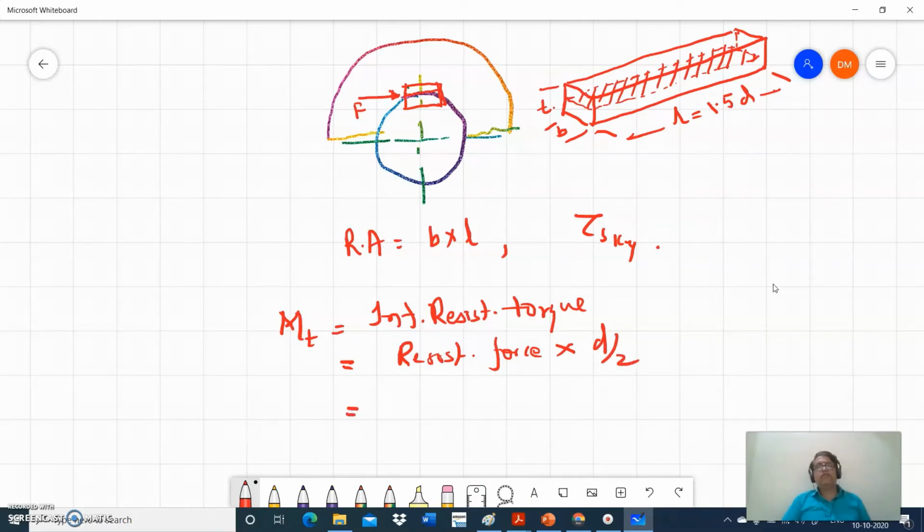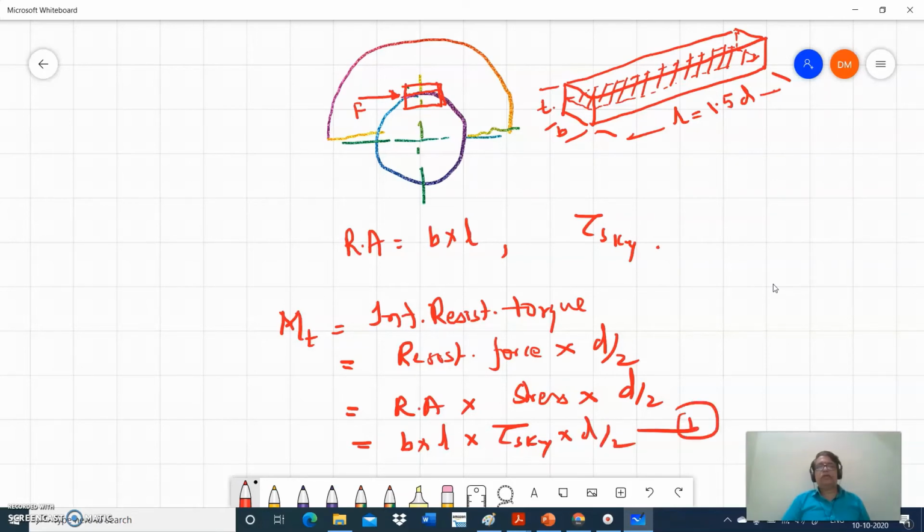What is the resisting force? Resisting area multiplied by stress. And what is the resisting area? It is nothing but B into L, twice for the key, into D by 2. So this is equation 1.